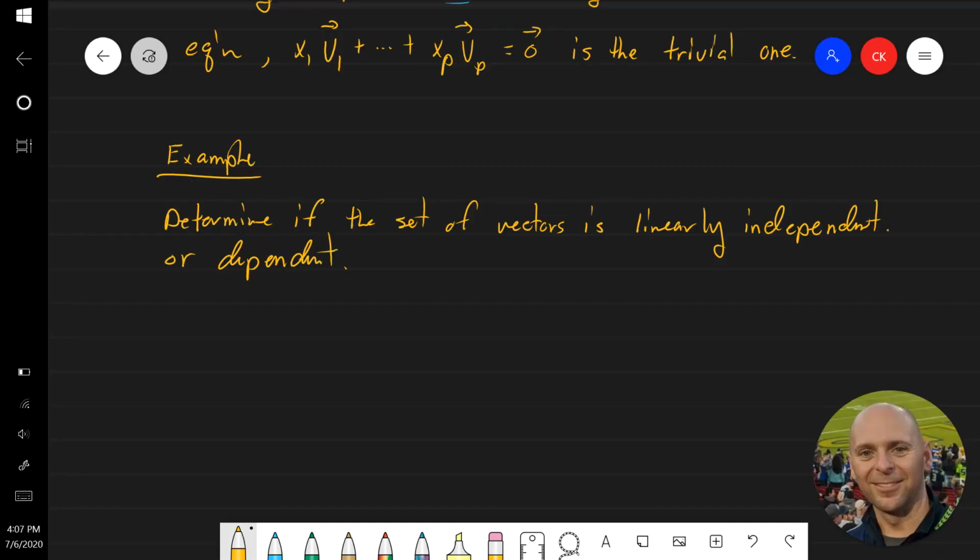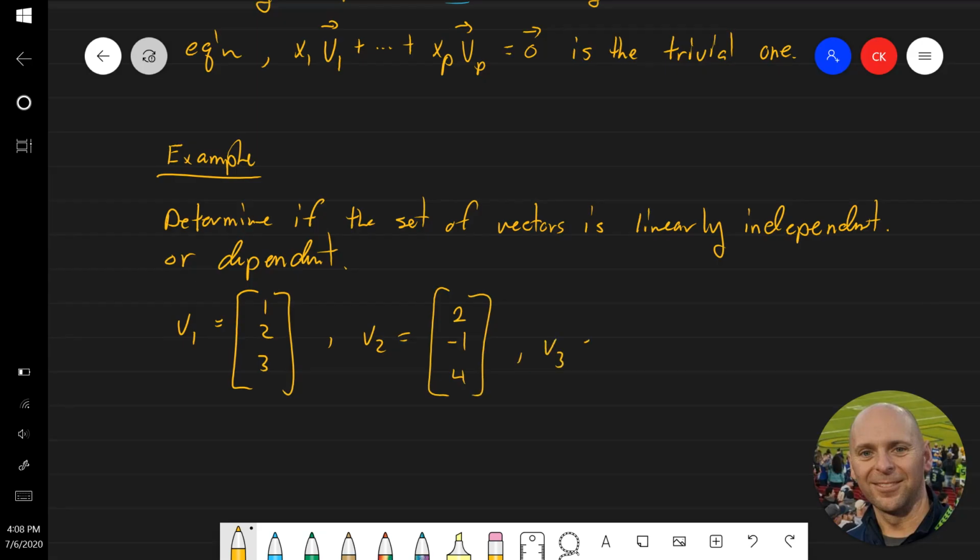If they're not linearly independent, then they're dependent. So let's see what we get. We'll take v1 to be equal to the vector 1, 2, 3. We'll take v2 to be equal to the vector 2, negative 1, 4. And we'll take v3 to be equal to the vector 0, 5, 2.